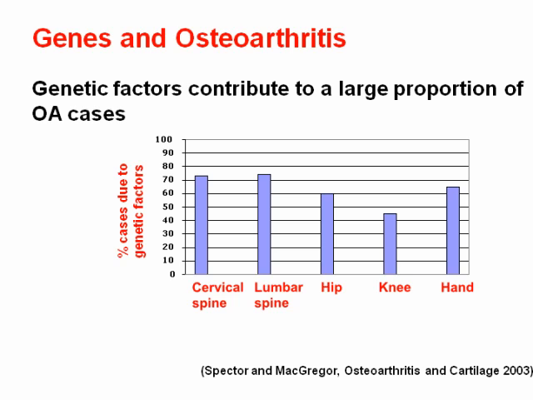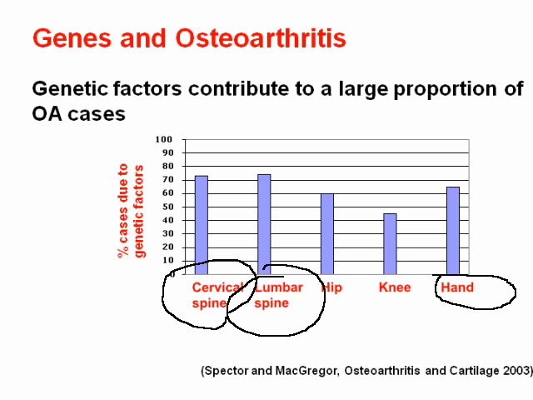And you can see that in some cases, like the cervical spine, the lumbar spine, and the hand, 60 to 70% of osteoarthritis cases are primarily due to genetic factors. More than half of them have a cause that is genetic and not anything else, which is quite high. In other joints, it's a little bit less. In the hip, it's less, and it's lowest in the knee, which is maybe not surprising.